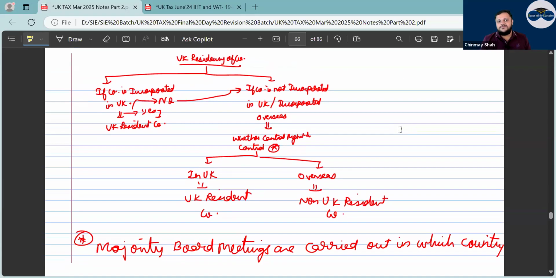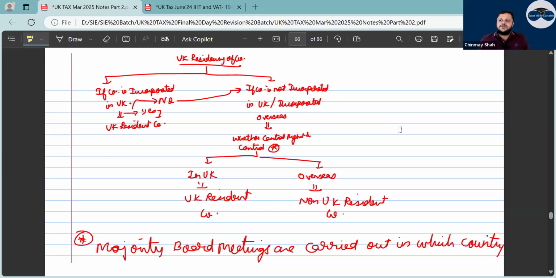Then UK residency of a company is very simple. If the company is incorporated in the UK, it is a UK resident. If no, then see whether it is incorporated outside the UK. If that is the case, then whether it is centrally managed and controlled in the UK. Yes, then it is a UK resident company. If it is centrally managed and controlled outside the UK, that is overseas, then it is incorporated outside the UK, managed outside the UK, non-UK resident.